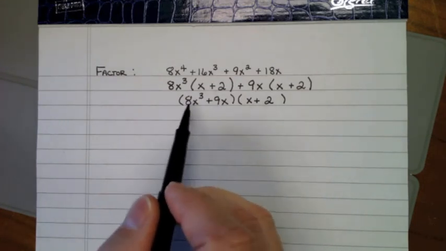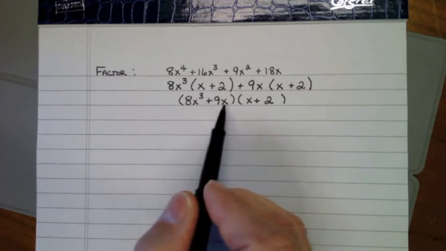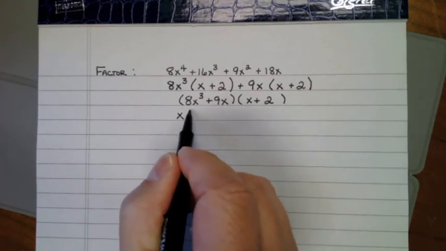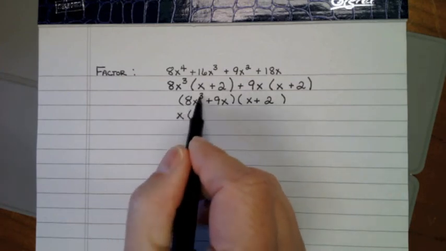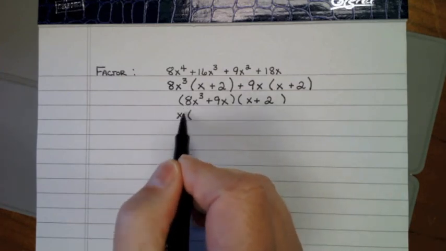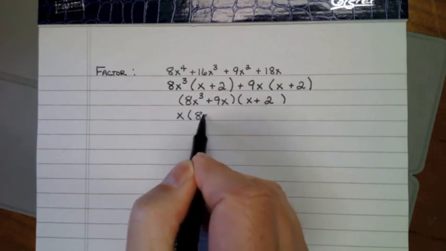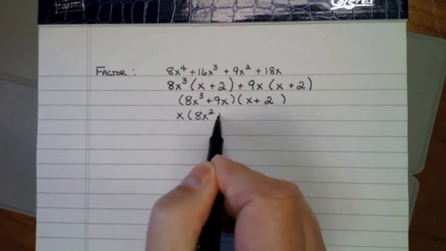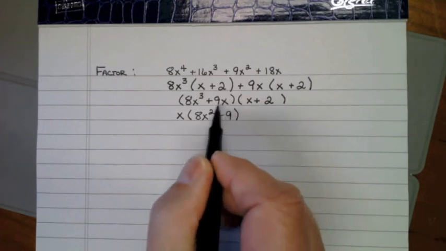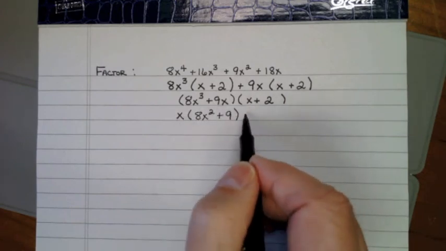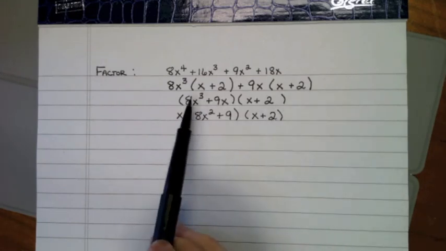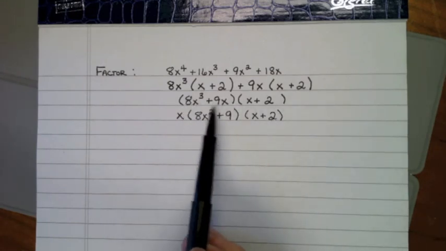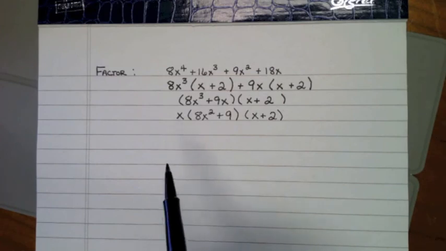What do these 2 terms have in common? An x. So I'm going to factor out an x out of each one of these. When I divide, I subtract my exponents. That gives me 2 x's left over and no x's left over right here. So again, make sure that you check these binomials and see if they can be factored again.